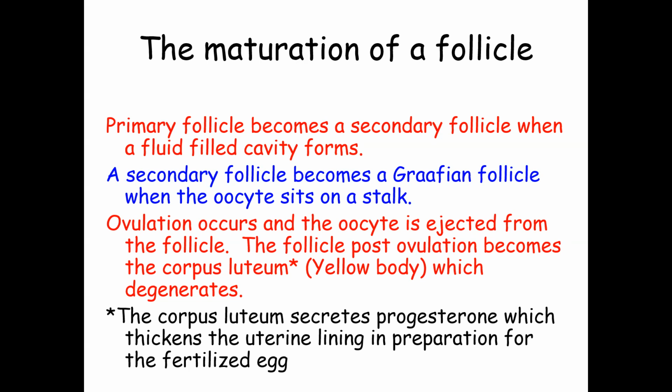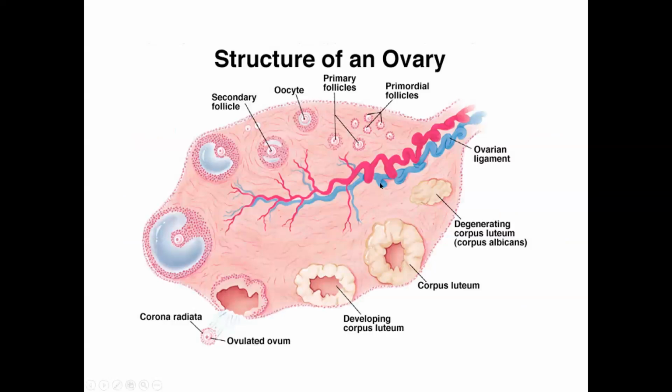And at that time, you become a secondary follicle, right? And eventually your egg cell ends up sitting on a stalk in the middle of this fluid-filled cavity. That now is when you become a Graafian follicle. And the Graafian follicle will eventually lead to ovulation, right? So if you look here, we're just going to trace the development.